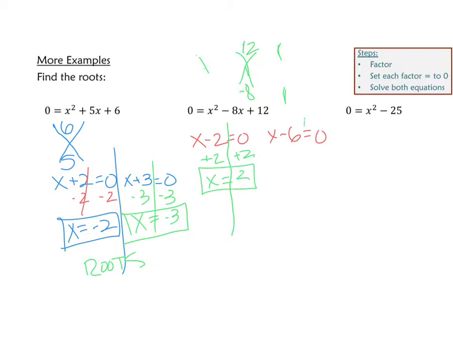How about this one over here? I have x minus 6. What should I do? Think about it. Stop the video if you have to. Hopefully you stopped the video and you thought about it and you said to yourself, to get rid of this, I have to add 6. Which means, since negative 6 plus 6 is 0, x equals 6. These are my roots, 2 and 6.